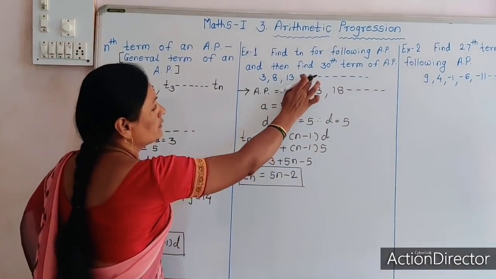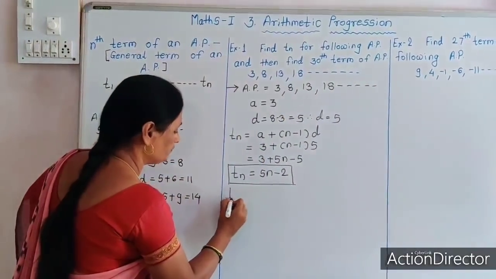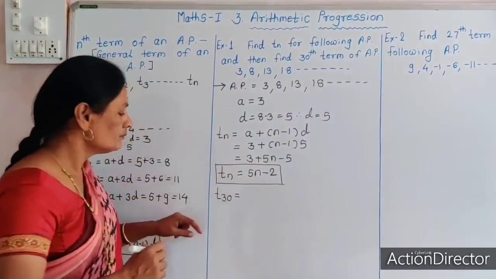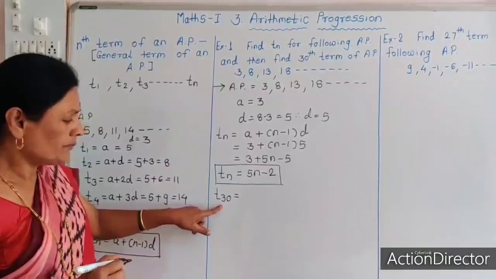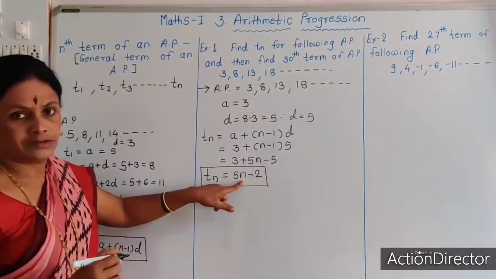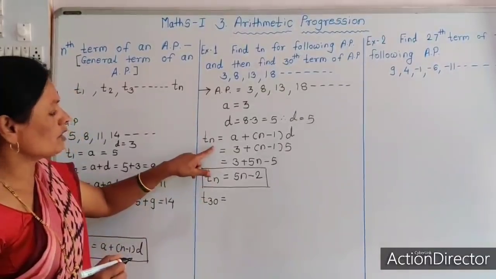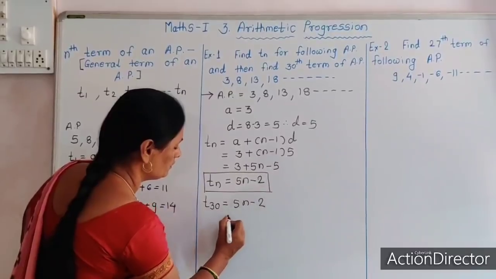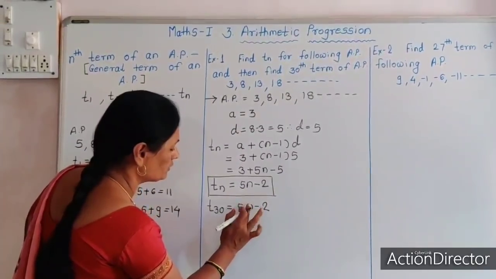We have to find the value of Tn. Then we find T30. Here we find the value of T30 from this; we will not use that formula. 5n minus 2 is equal to, n is equal to 30.